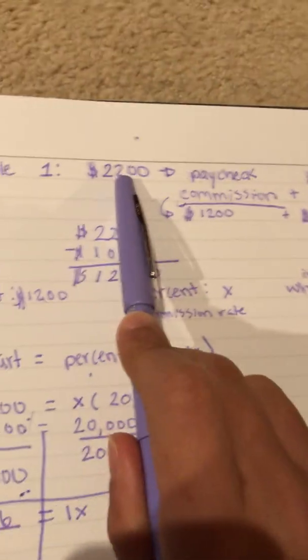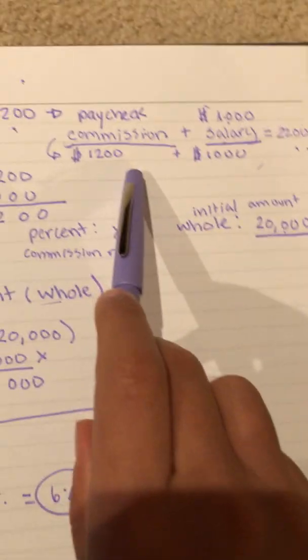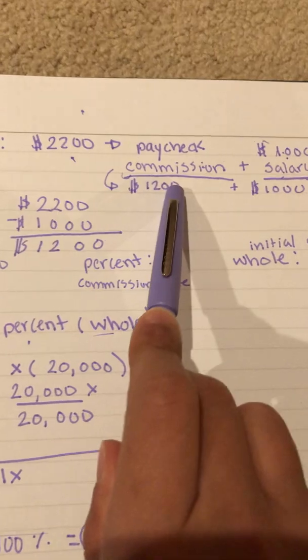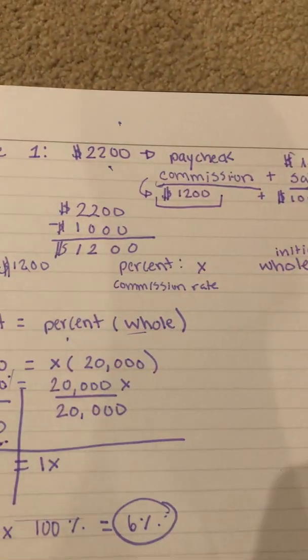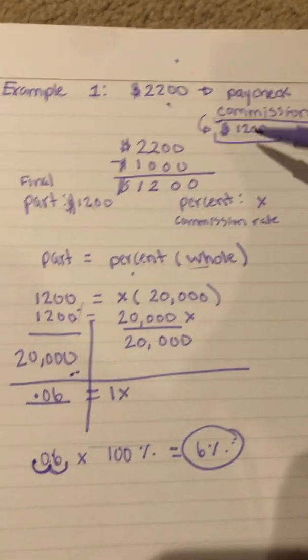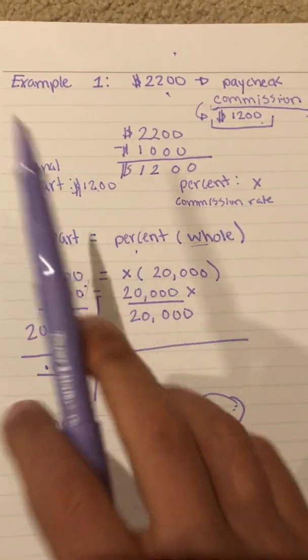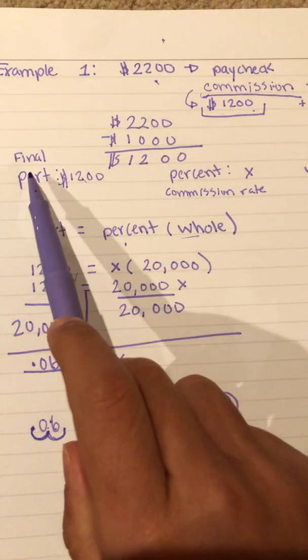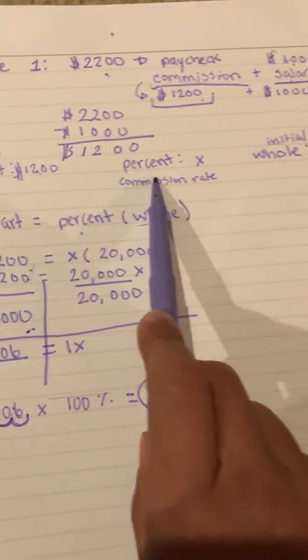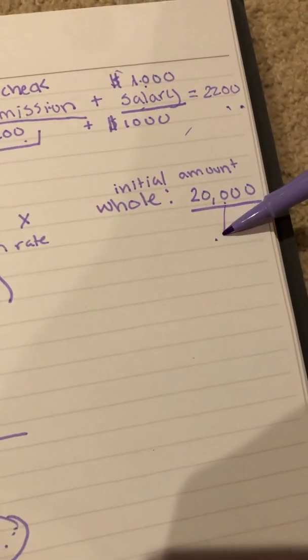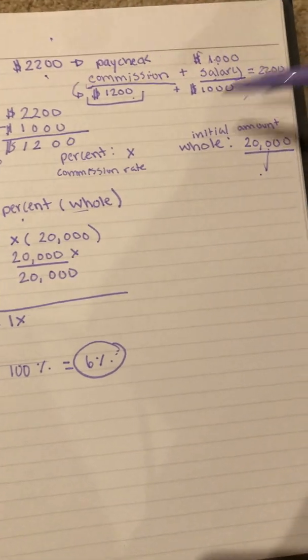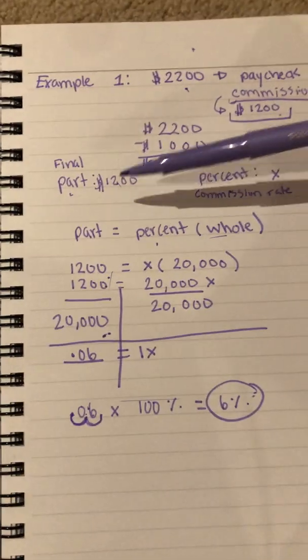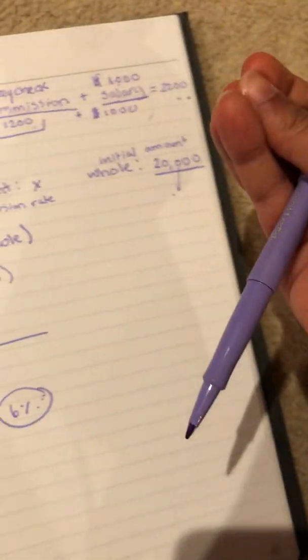What we did was we took his paycheck and we found his salary and we found the commission in dollars. Next we did percent and the whole. We figured out what the whole was, my initial amount. We figured out what the part was. Remember, the whole is how much he sold total, and the commission is part of that whole.